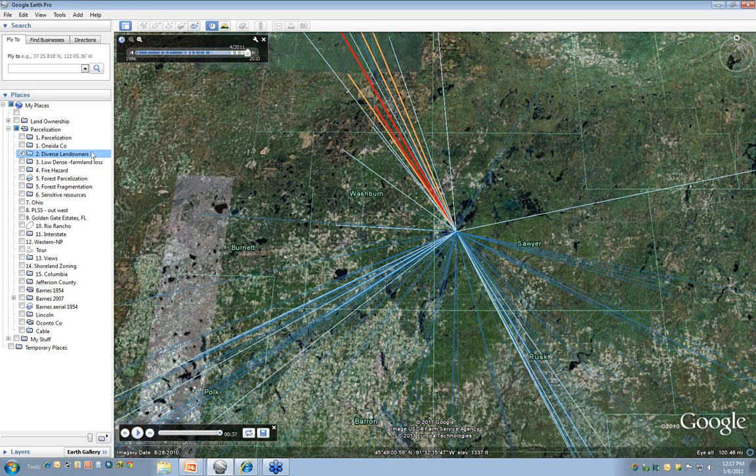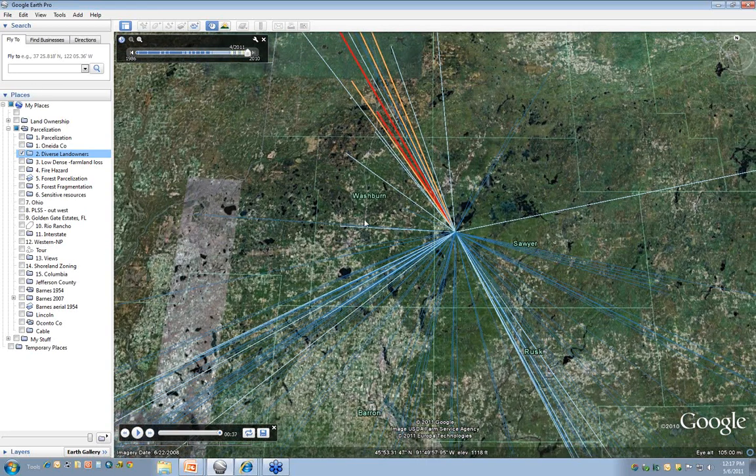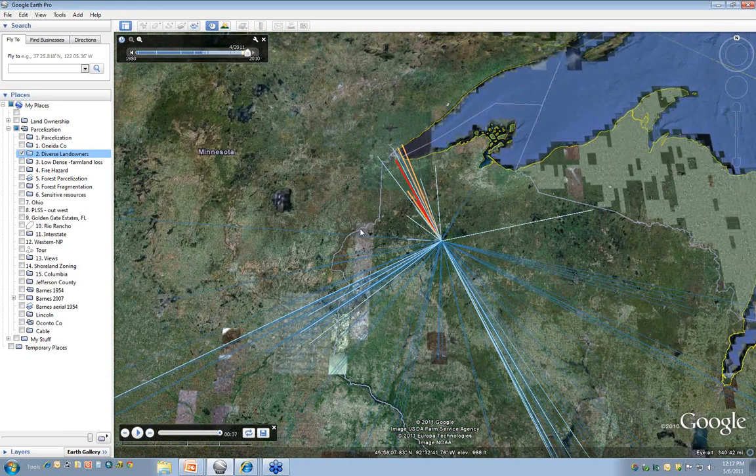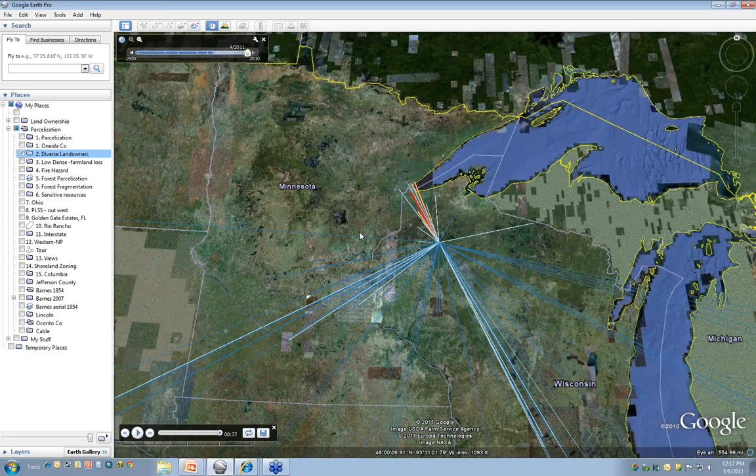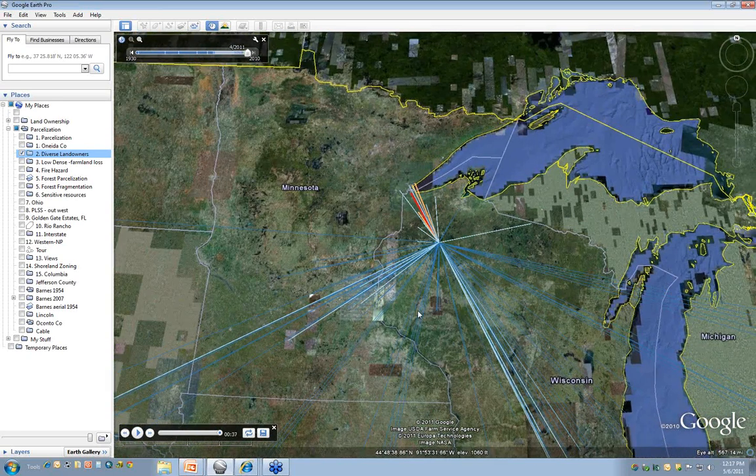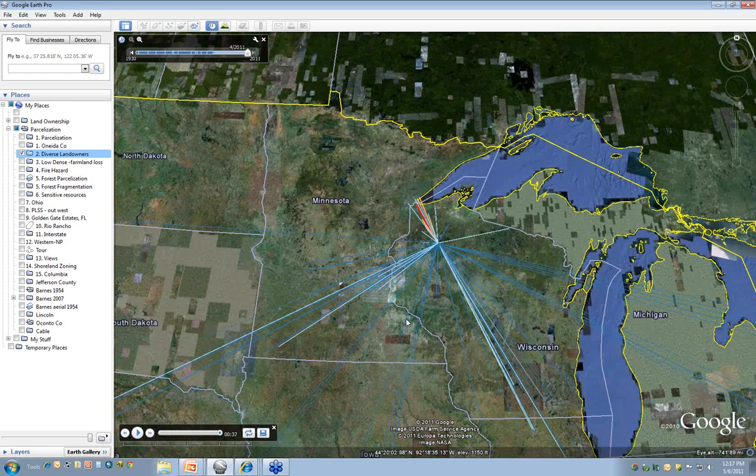If you look at this, they call it a spider diagram. I used GIS to map the home address listed on the parcel data. Zooming out, you can see that some of the landowners come from as far away as the East Coast. Most of them are from the Duluth area, Minneapolis, St. Paul.